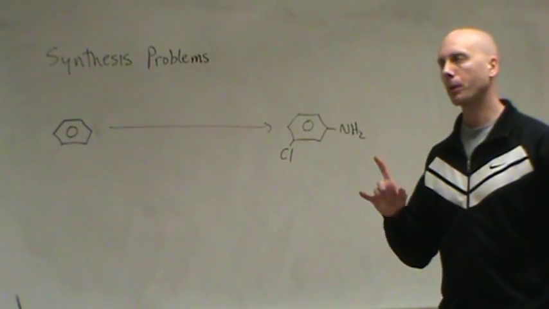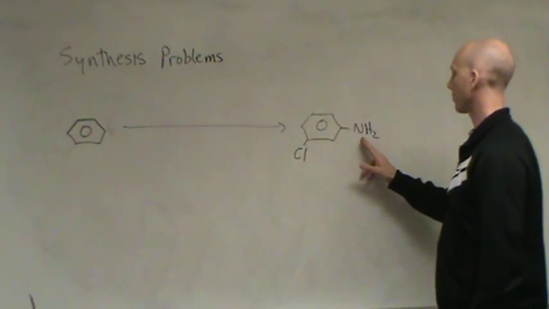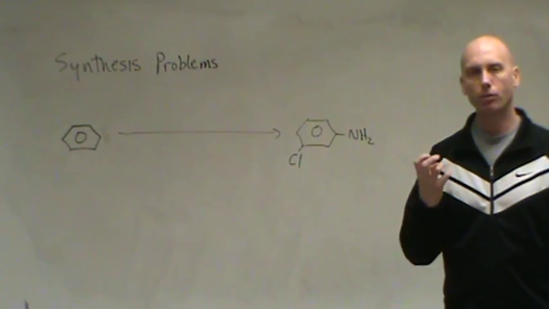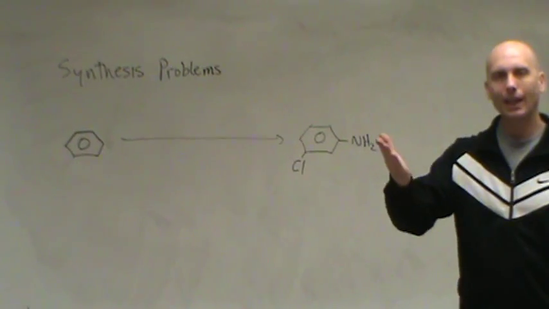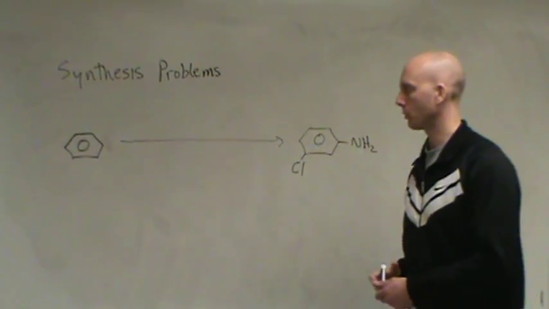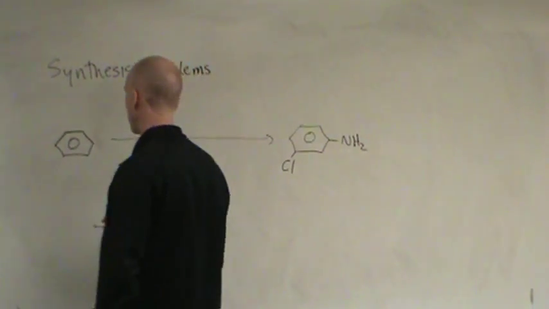No. I remember that I can't put on the NH2 directly, but I have to put on first what? The nitro, and then do the Clemmensen reduction to make the NH2. So let's do that.